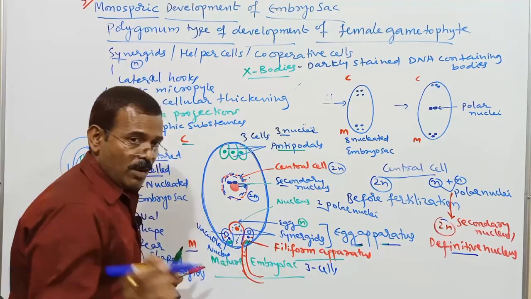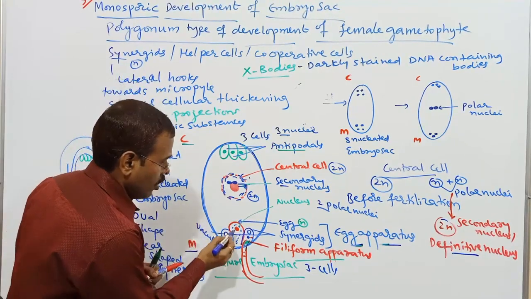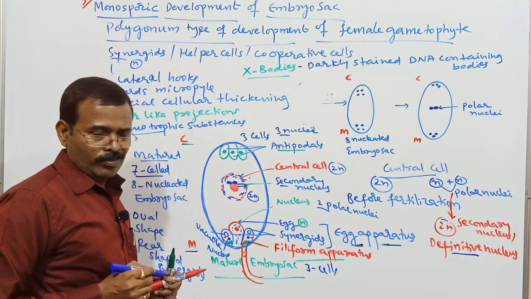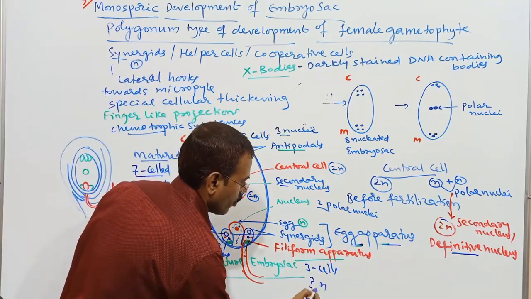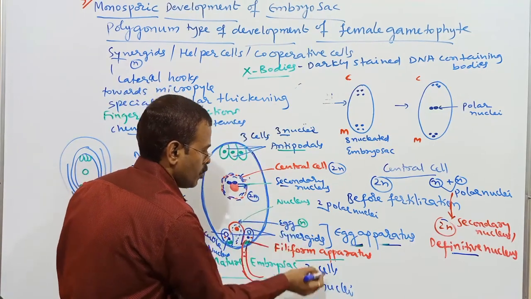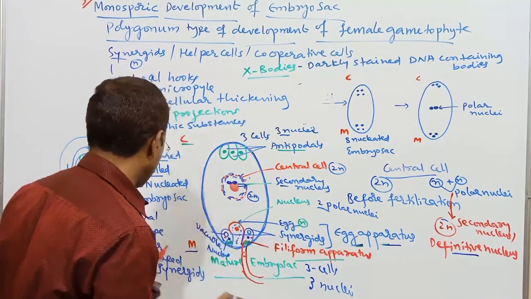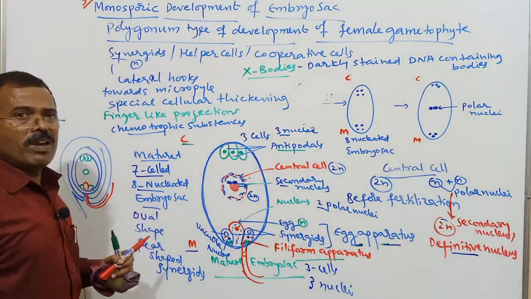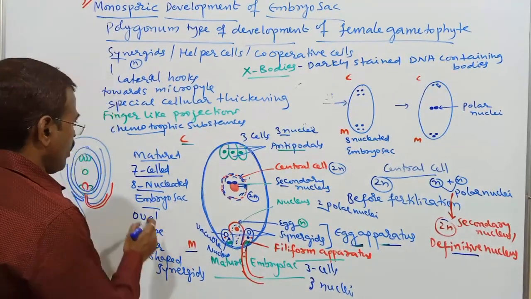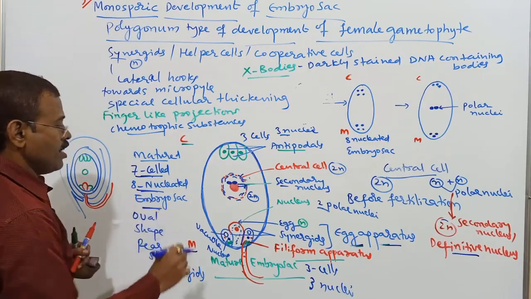And here the egg apparatus contains 1 egg nucleus and 2 synergid nuclei, so total here also 3 nuclei. So 3 plus 2 plus 3, total 8 nuclei. So this is the mature female gametophyte or embryo sac, that is the 7-celled 8-nucleated embryo sac.